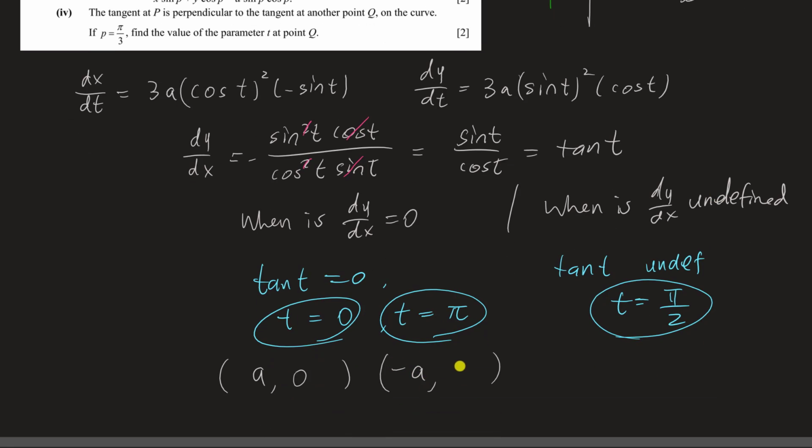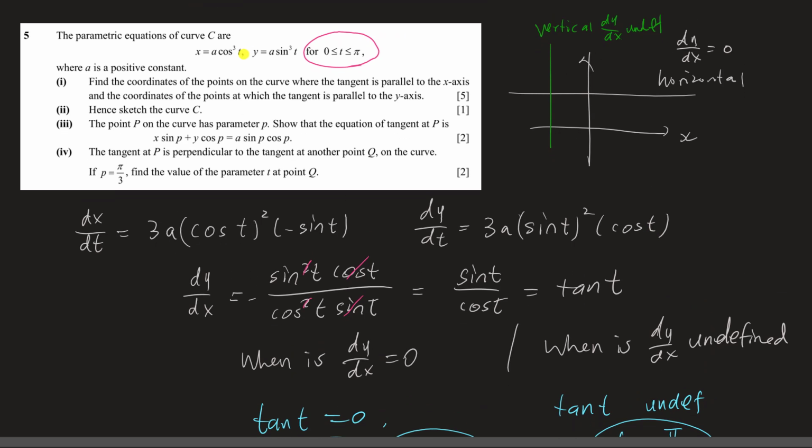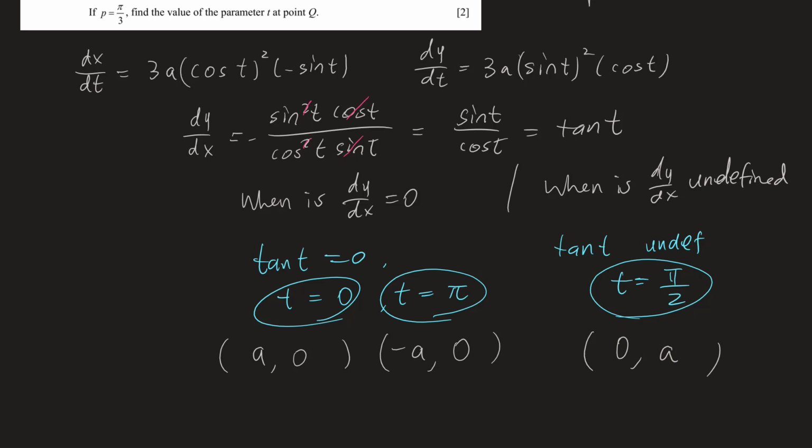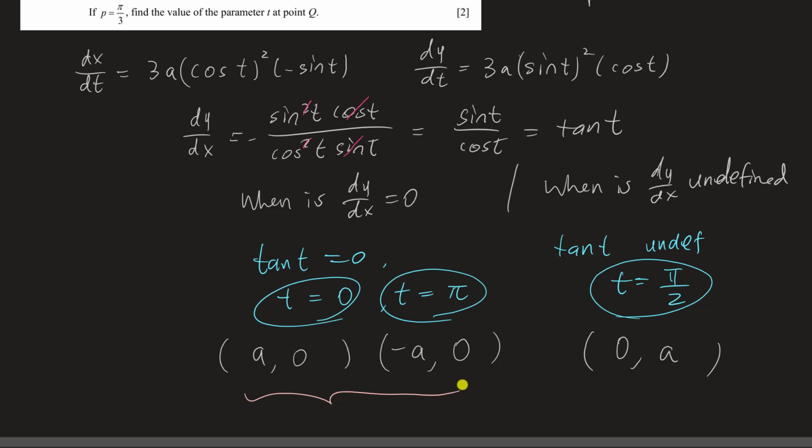Your y value is still 0. What about for tangent to be undefined? Pi over 2. Subbing in pi over 2 here, this will give you 0. This will give you 1, a. So here is (0, a). There are 3 points. These 2 points are where the tangent is horizontal. This point is where the tangent is vertical.